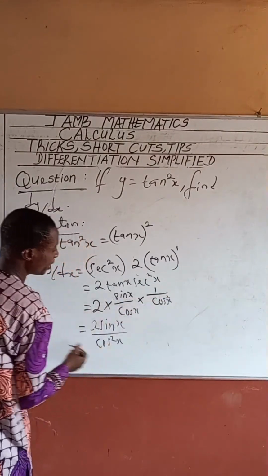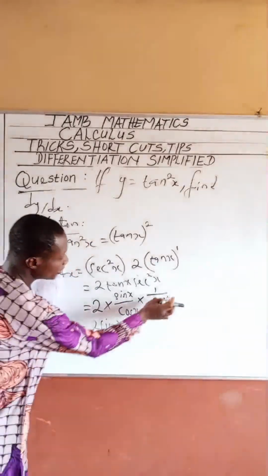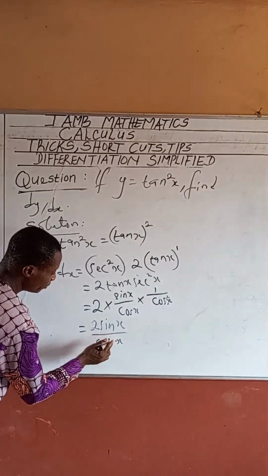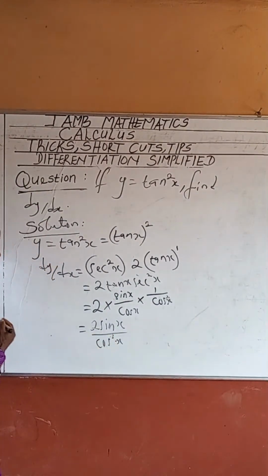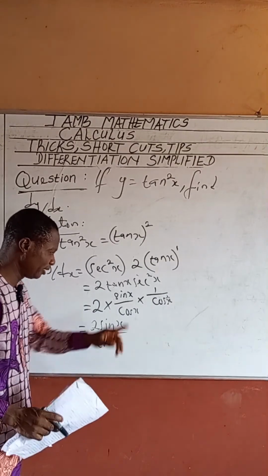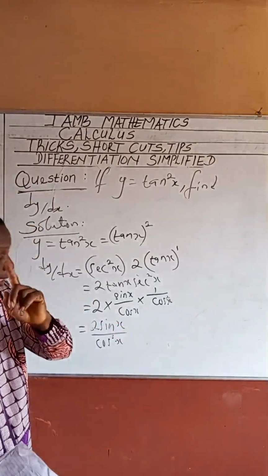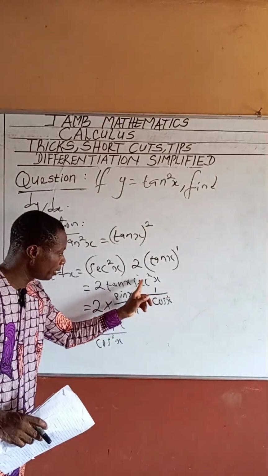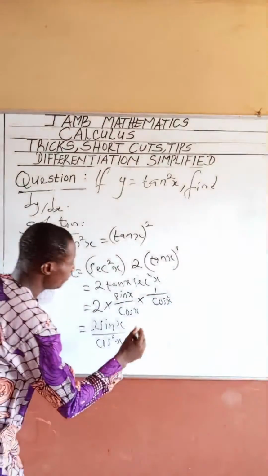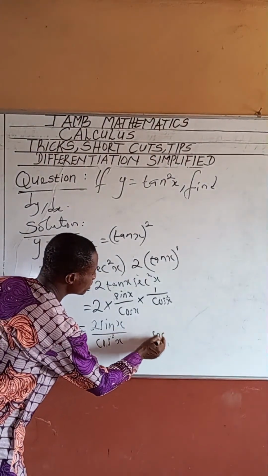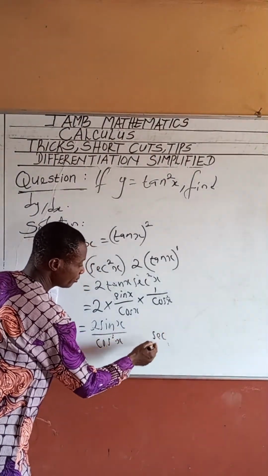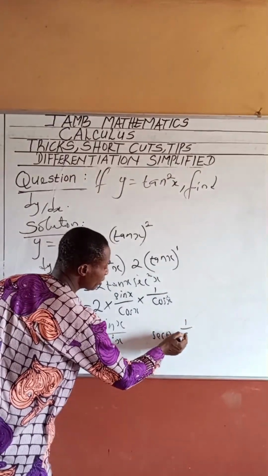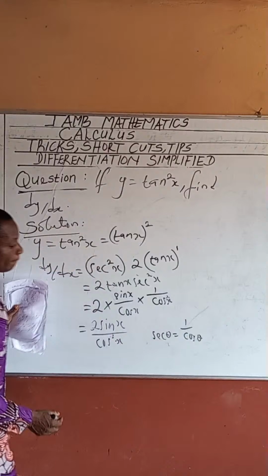It's going to be square here. Which means we are going to have raised power 3 right here. I saw what you did there. It's going to be raised power 3, because sec theta is equal to 1 over cos theta.